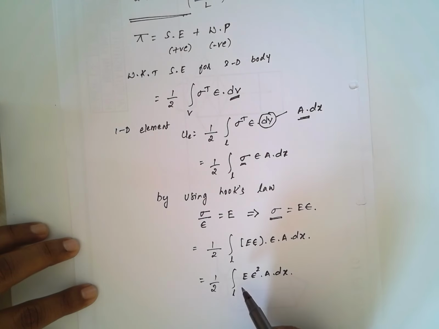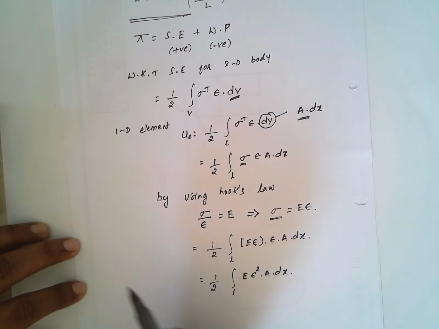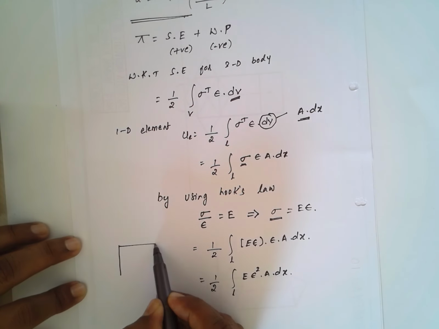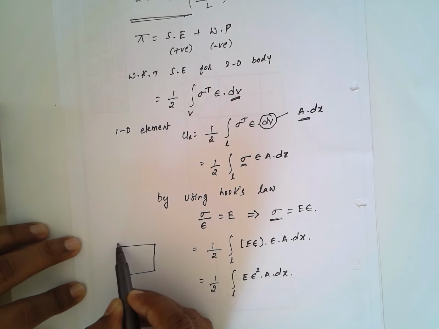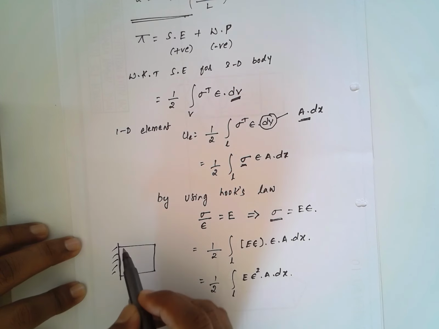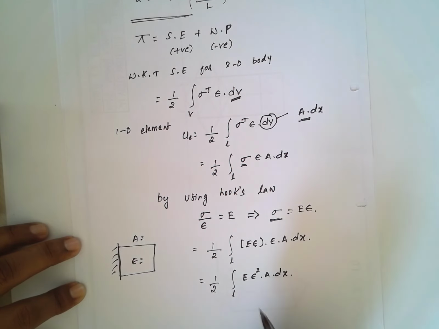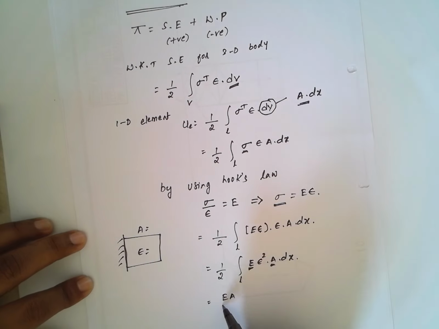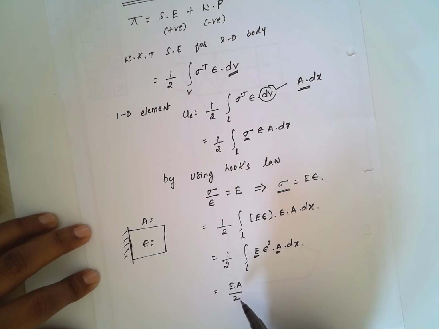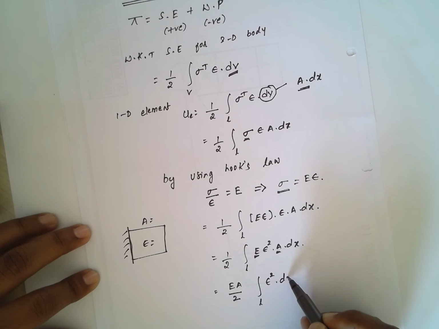Now if we consider the one-dimensional bar we have considered for the derivation of the stiffness matrix, the cross-sectional area remains the same throughout and Young's modulus remains the same throughout. So in this context we can take Young's modulus and cross-sectional area as common, and keep them outside. So we can rewrite this as EA by 2 over the L, epsilon square into dx.